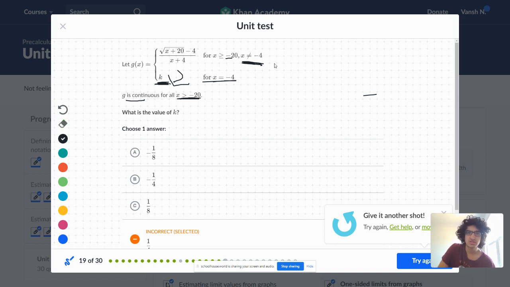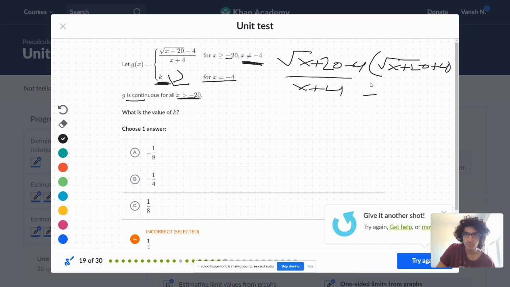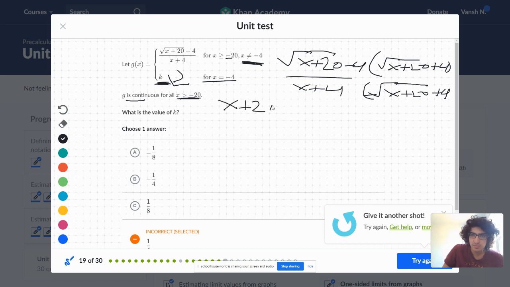So root of x plus 20, minus 4, times root of x plus 20, plus 4, over x plus 4 times root of x plus 20 plus 4. On the top, we're going to get x plus 20 minus 4 squared, which is 16.